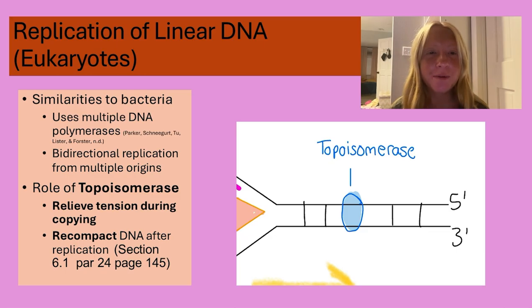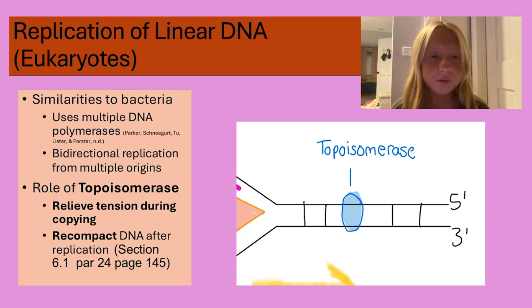So for replication of linear DNA, this is talking about eukaryotes. This is going into topoisomerase, and its main function is to help relieve the stress from the twisting, and it helps get the DNA back on track after unwinding and being extended.